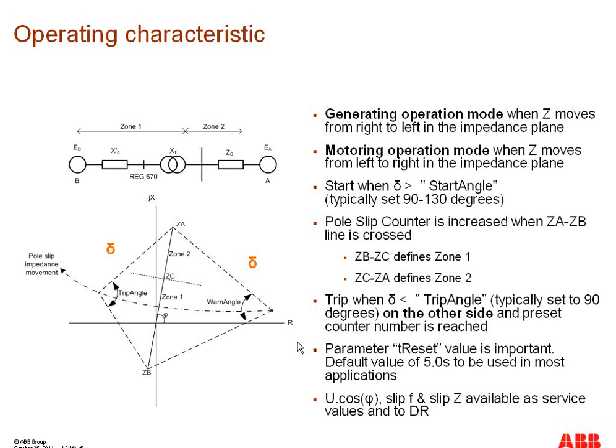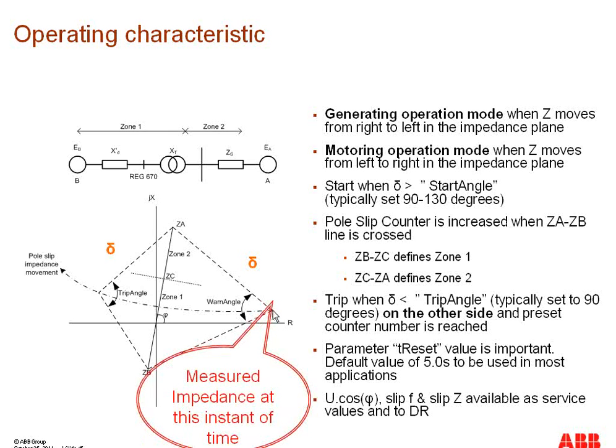Now, as you can see, if the generator is faster than the system, then the locus of the impedance will move from right to left, and if it is slower, then it will move from left to right. An alarm is given out when the rotor angle is more than the warning angle.